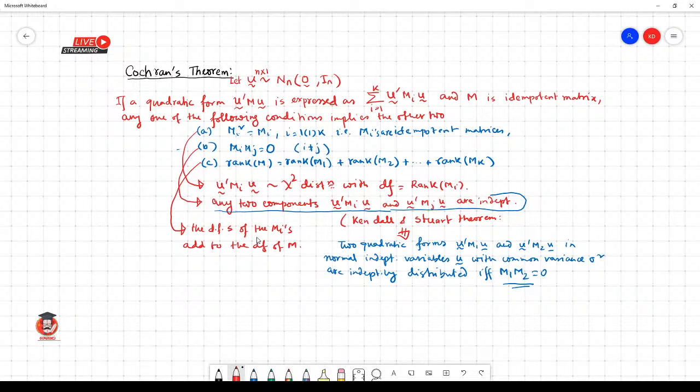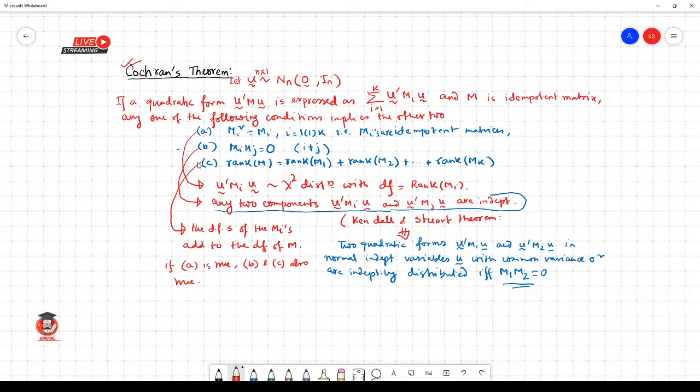So this theorem, this Cochran's theorem, states that if condition A is true, then B and C follow, C also true.